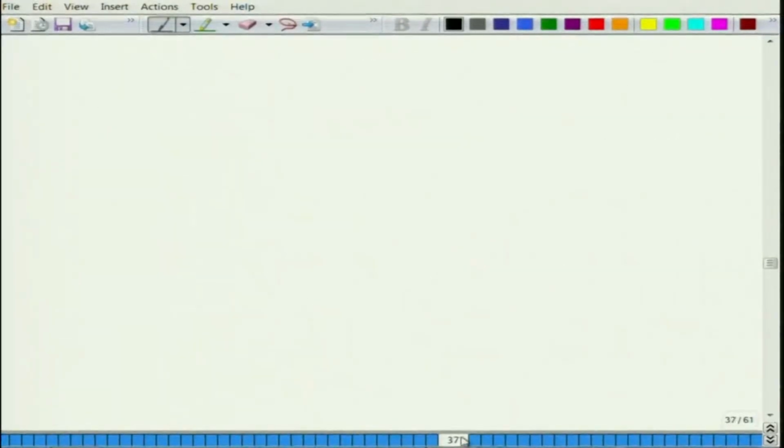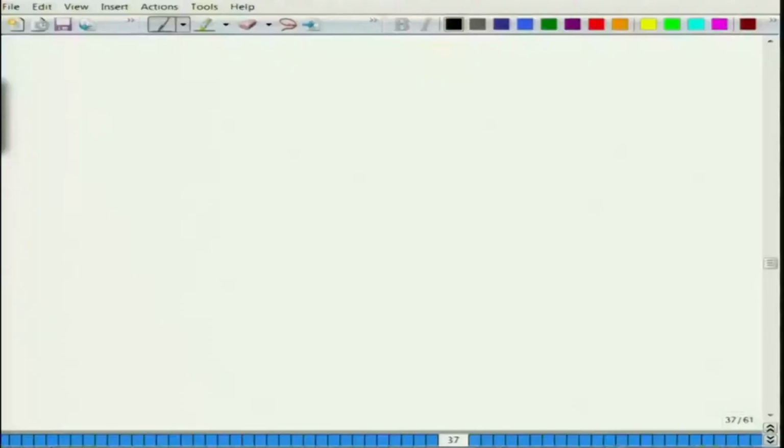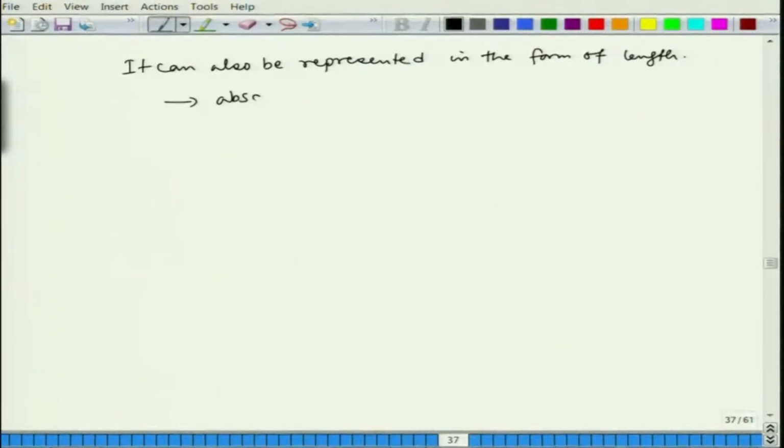Now, this absorption coefficient can also be represented in the form of a length, and we call that the absorption length.